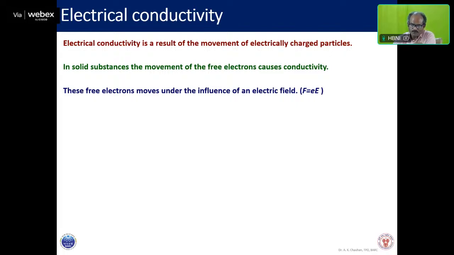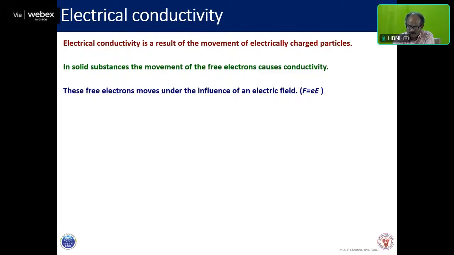Now you have free electrons which need to be moved. Why do these free electrons move? Because they move under the influence of an electric field. And how is this electric field generated?